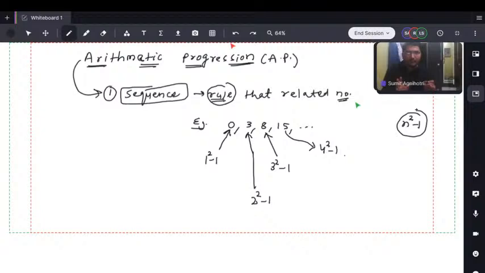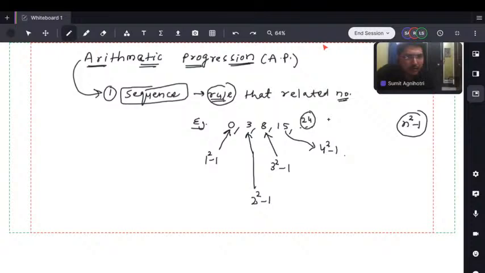Yes, sir. Are you fine with this? Yes, sir. Okay, very nice. The next term is going to be how much? Sir, 35. 6 square minus 1, that is 35.